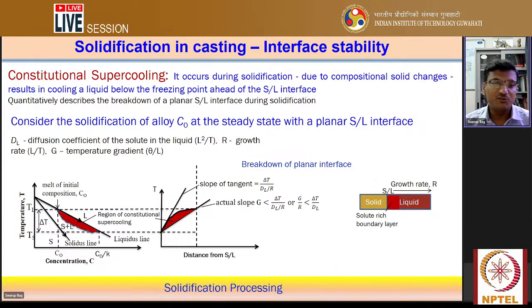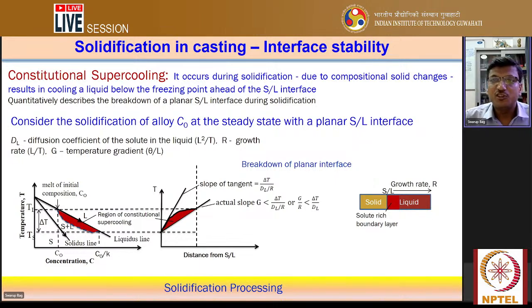This kind of thing will not be there if it follows the equilibrium solidification condition, the ideal situation. But if it doesn't follow exactly the solidus line or liquidus line during the solidification process, then there might be some compositional changes, or the concentration distribution can be different.